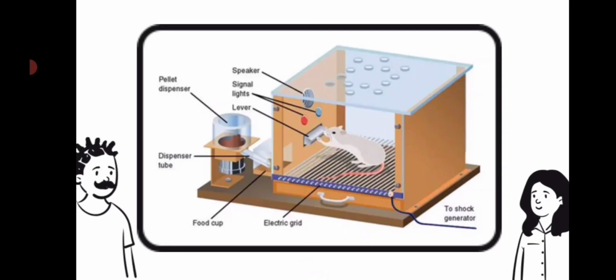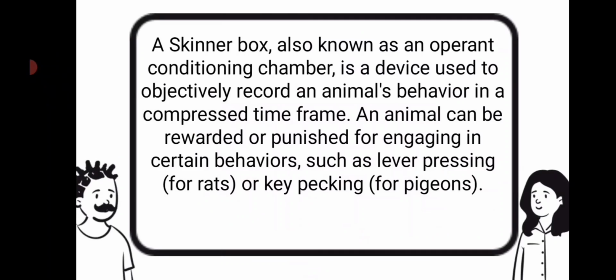Skinner studied operant conditioning by conducting experiments using animals which he placed in a Skinner box, which was similar to Thorndike's puzzle box. This is an illustration of a Skinner box. A Skinner box is also known as an operant conditioning chamber.